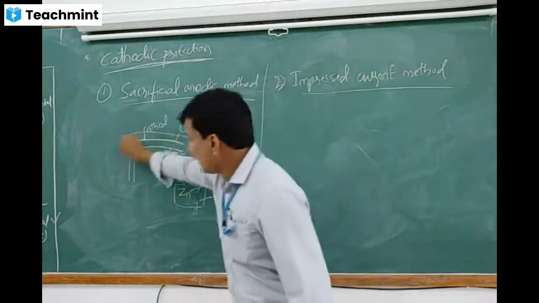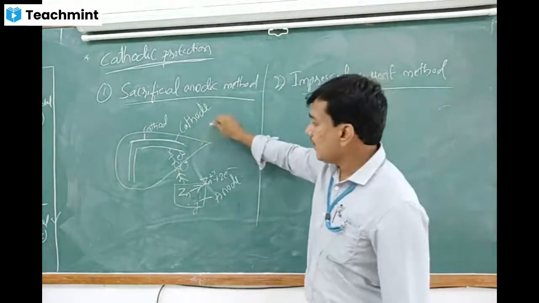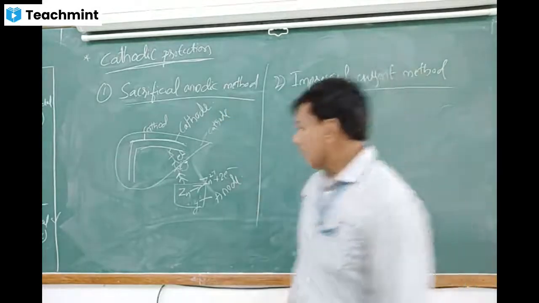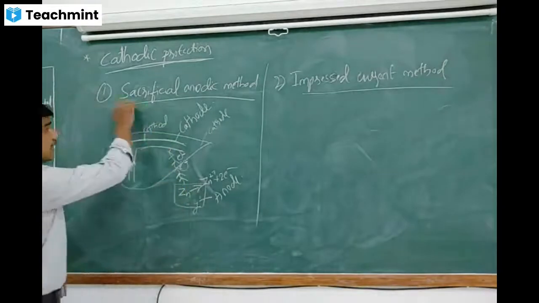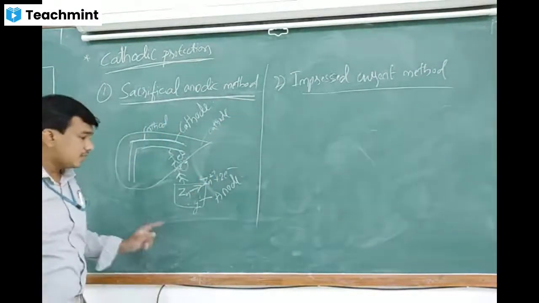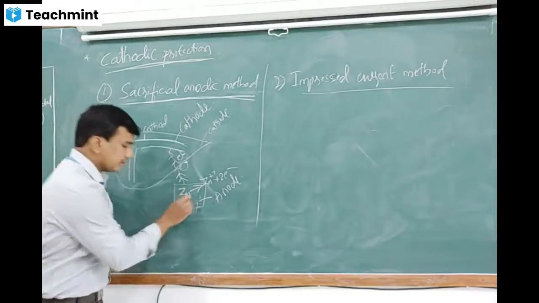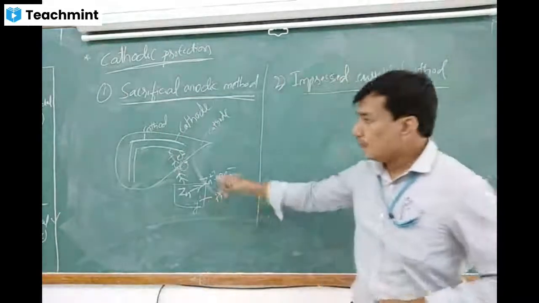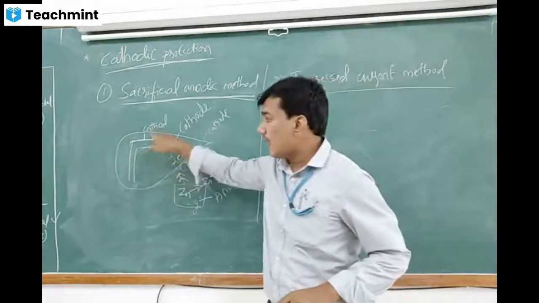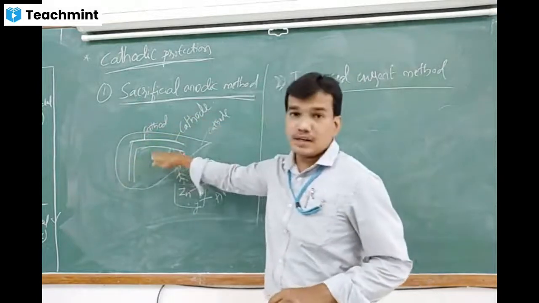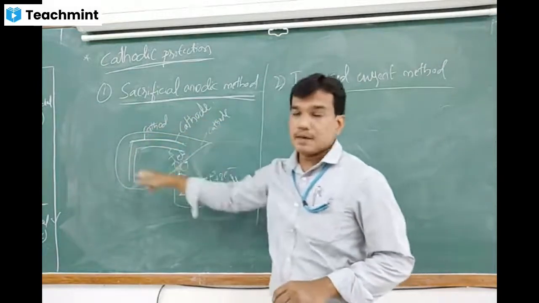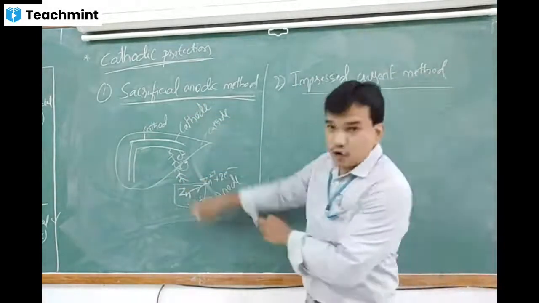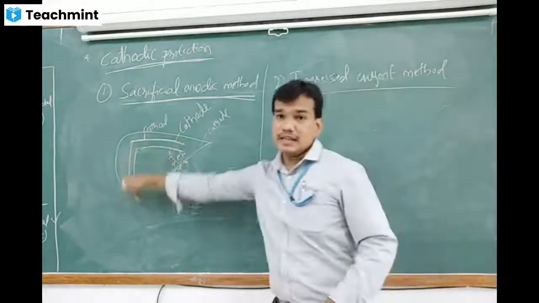The complete metal should be acting as cathode. Why is this called the sacrificial anodic method? Because the anode metal sacrifices its life to protect the cathodic metal, the iron pipe, from corrosion. It sacrifices its whole life to control the corrosion.